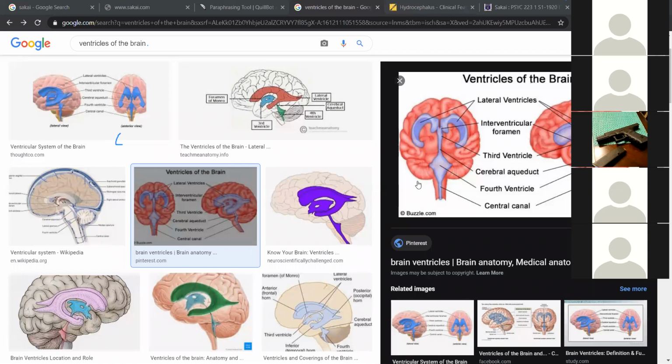So the thing with hydrocephalus, remember I said the ventricles. Within the ventricles, the cerebrospinal fluid moves. When there's any block within any of the ventricles, the cerebrospinal fluid wouldn't be able to flow like it's supposed to flow.